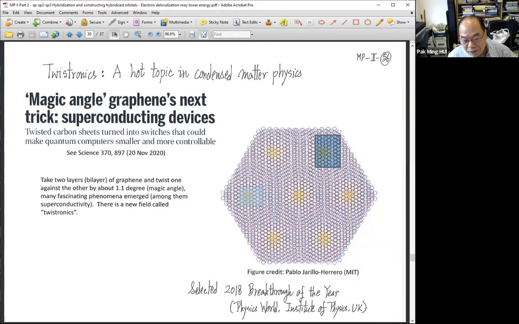So it looks as if there is a new further imposed periodicity once you have this little bit of twisting. It opens up a new field now called, well, physicists like fancy words to sell their field. So it is twistronics. It's electronic, spintronic.